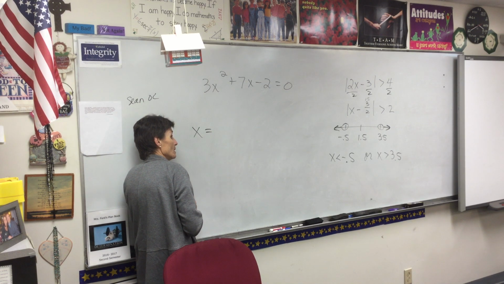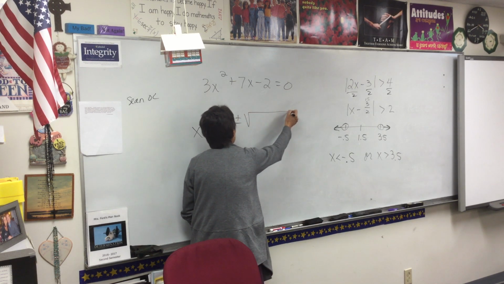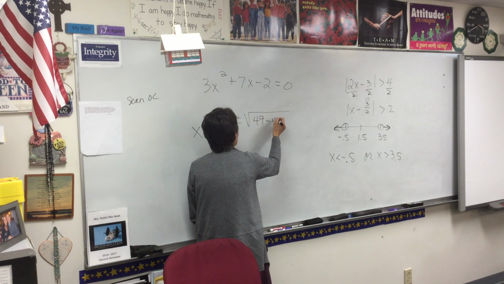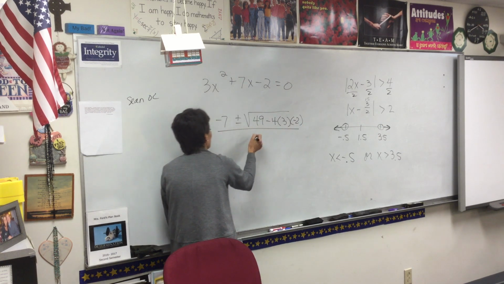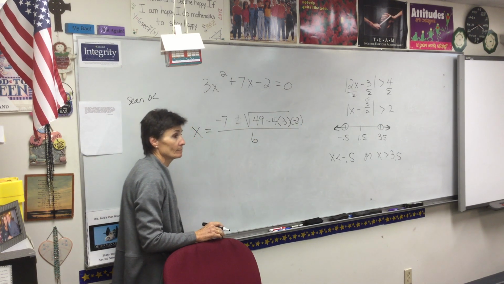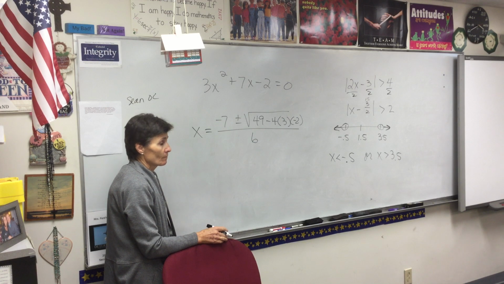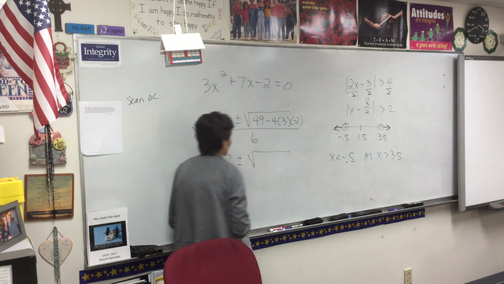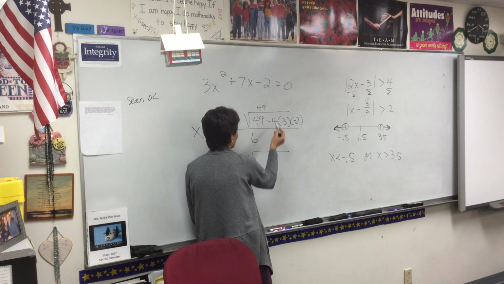So here we go. -b plus or minus the square root of b squared minus 4ac all over 2a. Really careful with this arithmetic under here.